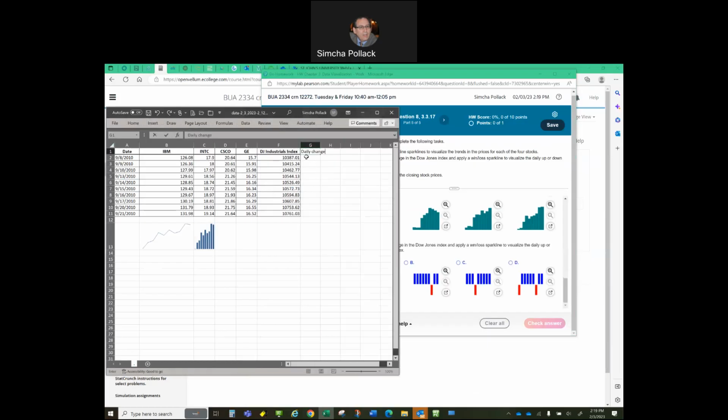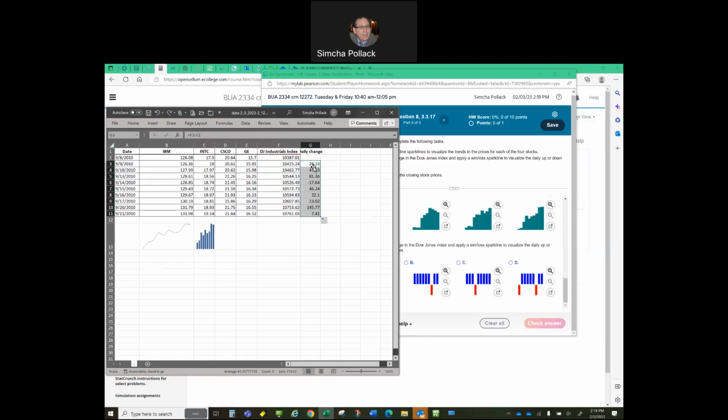G will be equal to F3 minus F2. It went up from 387, up 28 points. We copy this down and we can see all the changes. Went up another 47 points, another 81 points, down 17 points, etc.